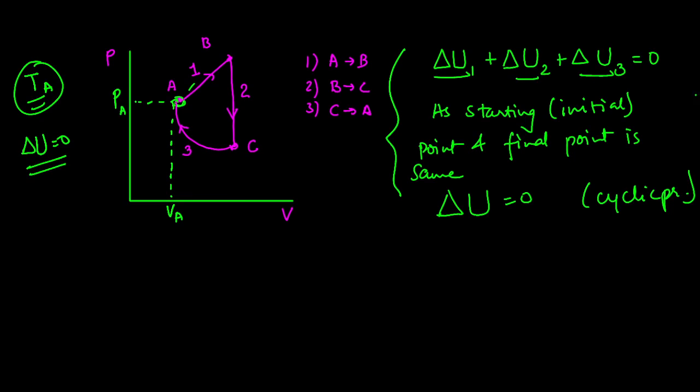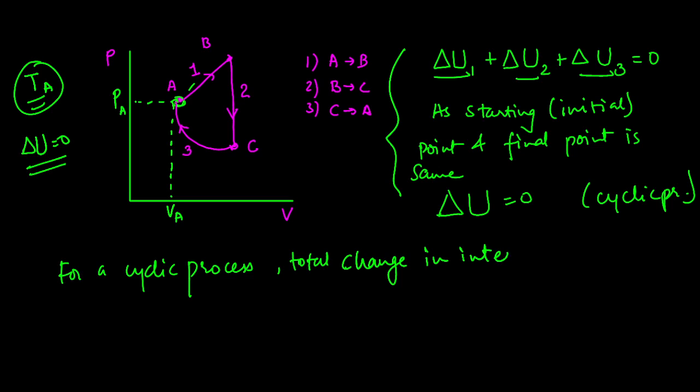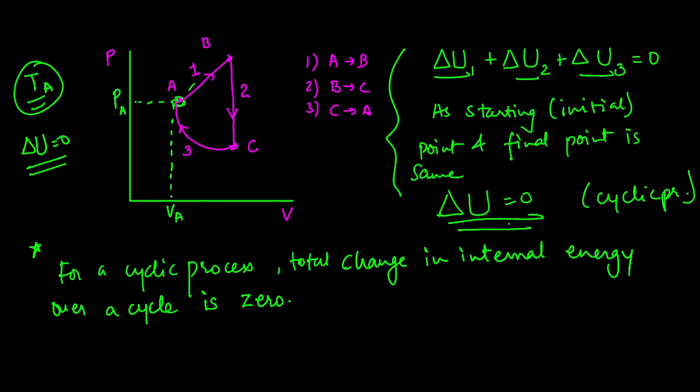Yeah, so this is about cyclic process delta U. For a cyclic process, total change in internal energy over a cycle is 0, right? Okay, so that's this same thing, delta U equal to 0 for a cycle.